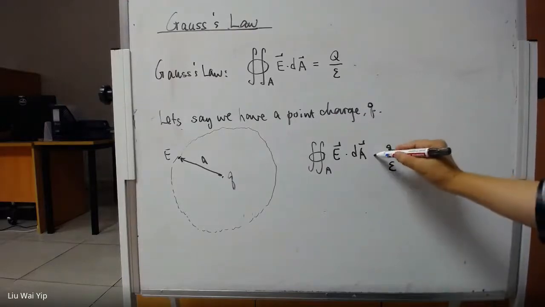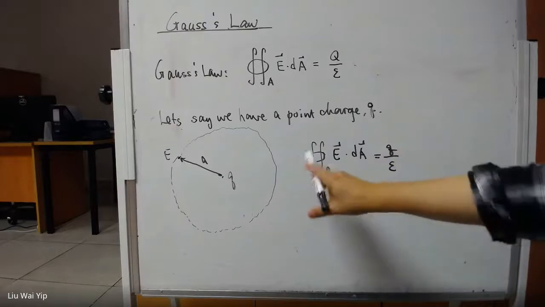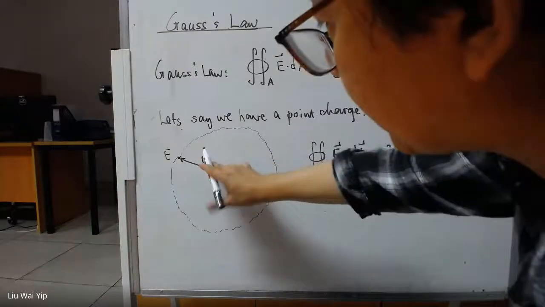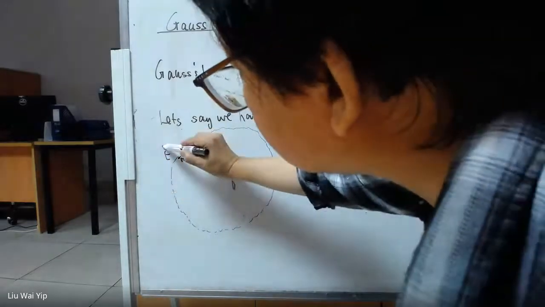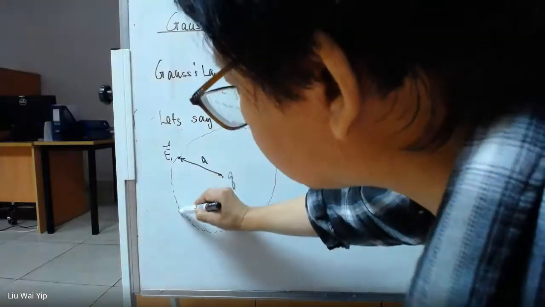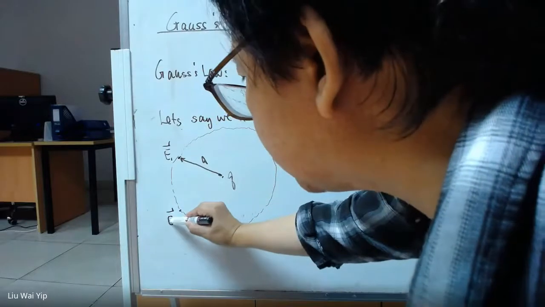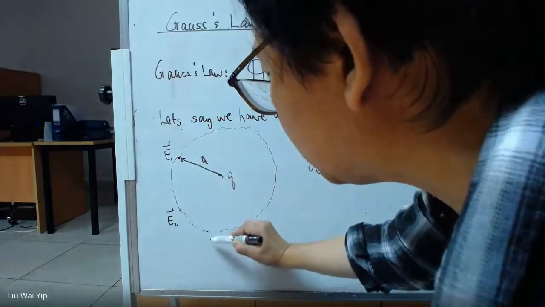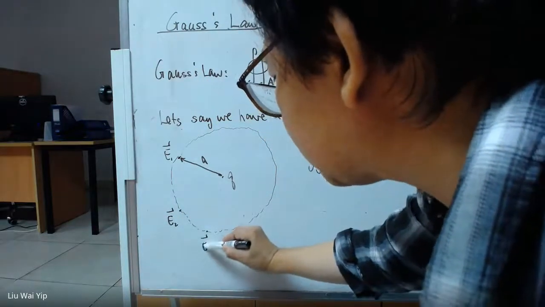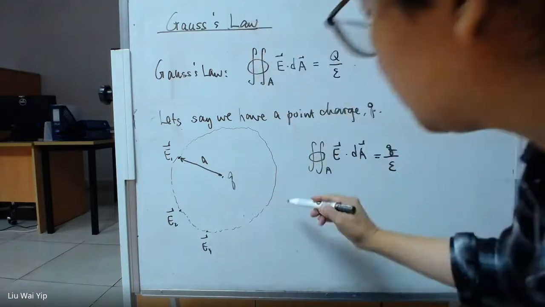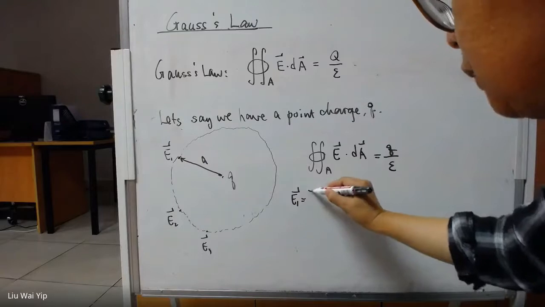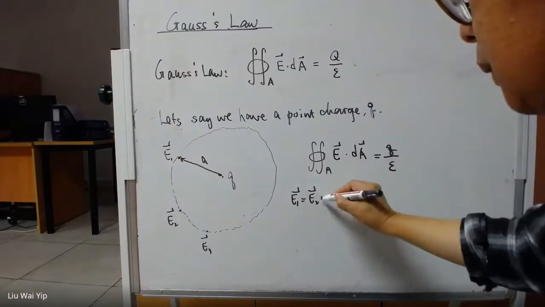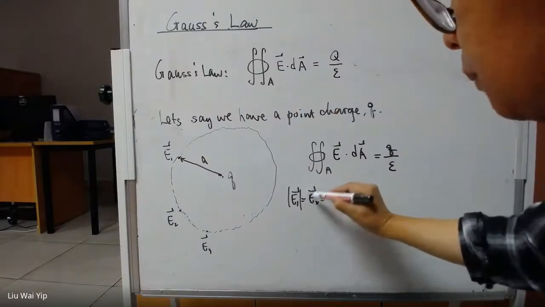In this case, the electric field is going to be the same everywhere. The electric field here is going to be the same as the electric field here. In other words, electric field 1 is equal to electric field 2 in terms of magnitude.